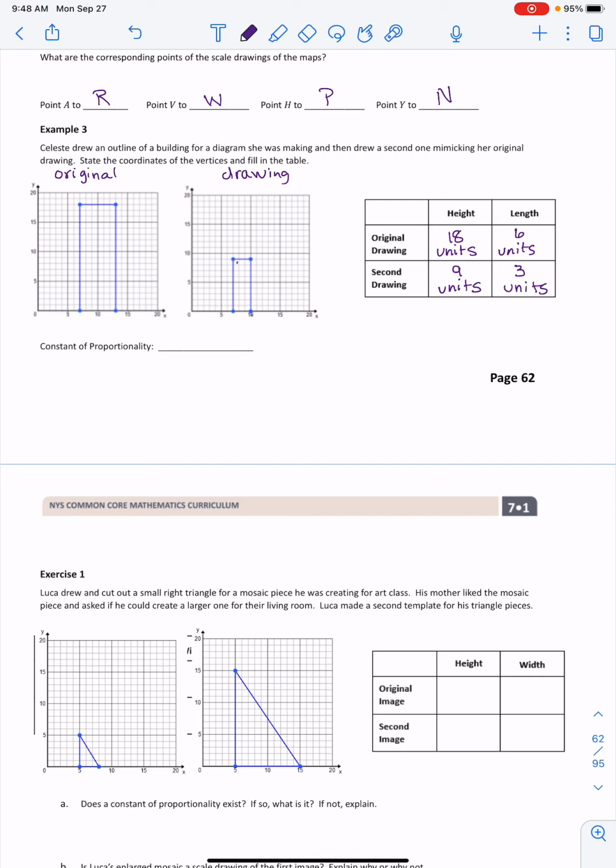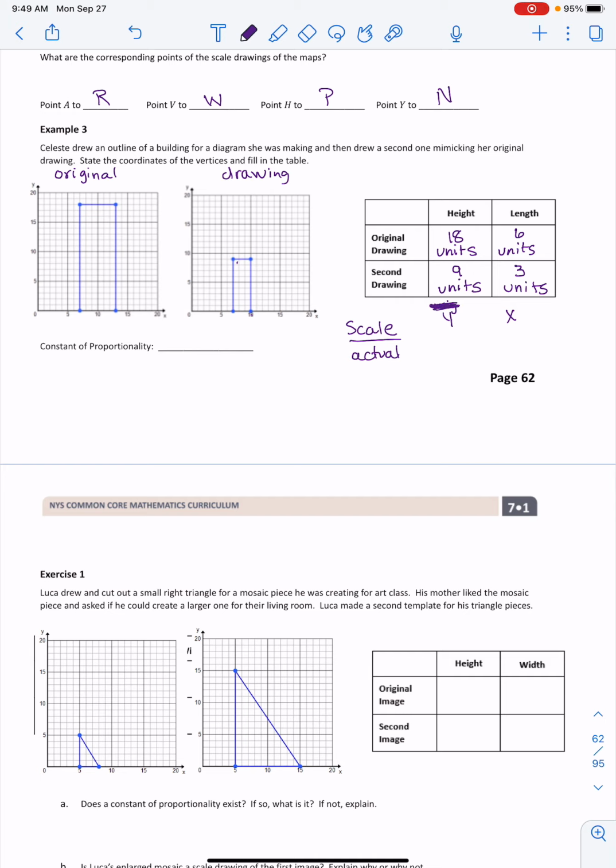So now if we compare the scale to the actual, then what we have here, and we compare our y to our x for each one, the original, sorry, that's not what we do.